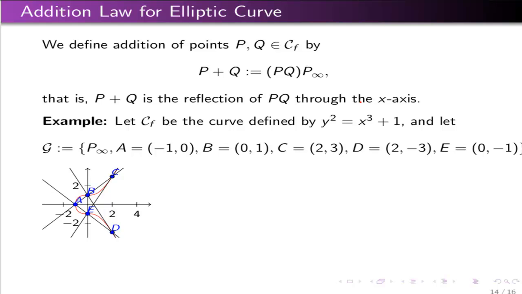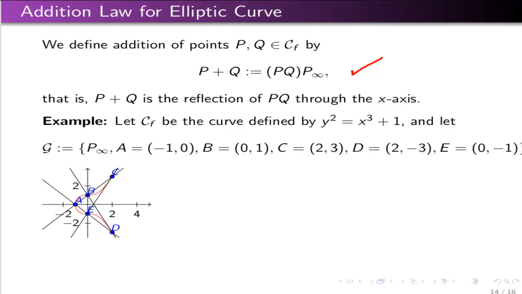Now let's look at this collection of 6 points that we've been dealing with on this curve. We've got P infinity, and the points A, B, C, D, and E, all nice integer points. Let's call G that collection of points, and we have an addition law defined on it.